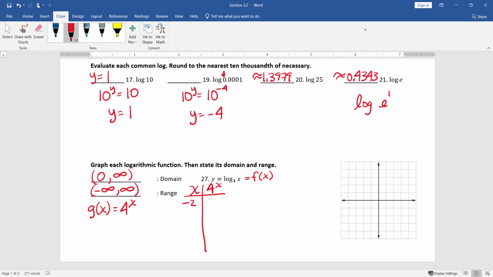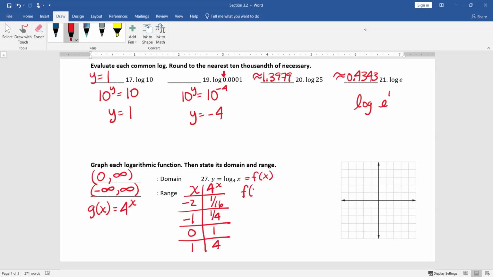So I'll use -2. That's 4 to the power of -2, which is 1/16. -1 is 1/4. 0, of course, is 1. 1 is 4. I'm going to leave it at that since I've got a smaller graph here. But I'm going to write this.